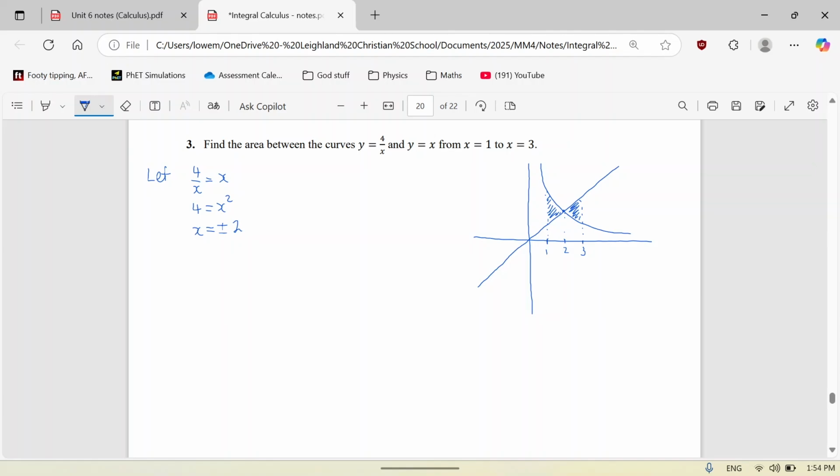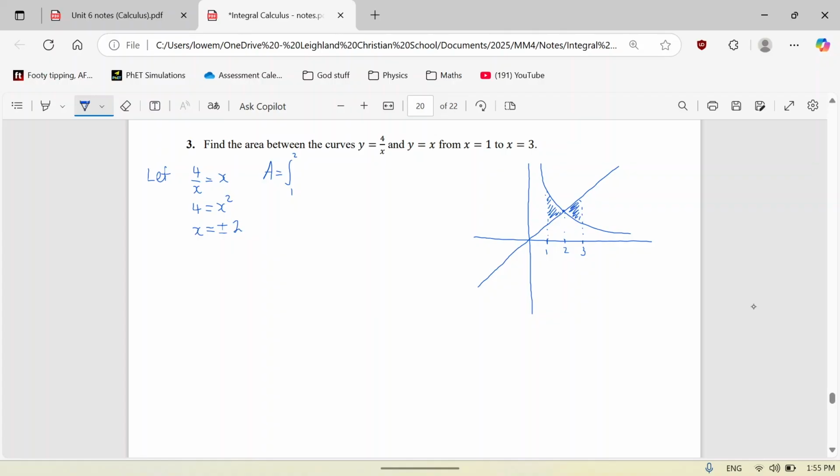Okay. So in order to find the area here, we're looking at two separate integrals, from 1 to 2 and then from 2 to 3, because the higher function changes as we go through that x value of 2. So our area A will be equal to the integral from 1 to 2.